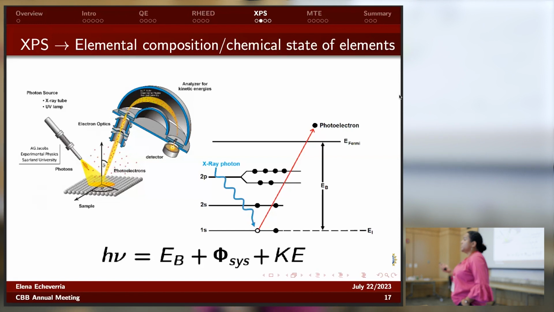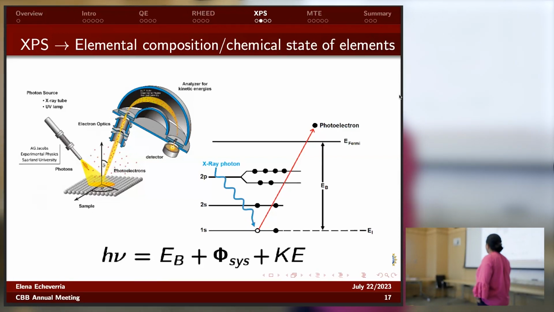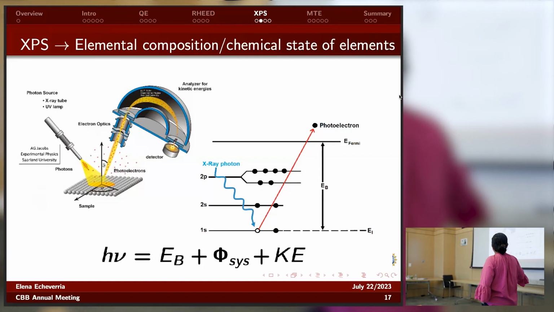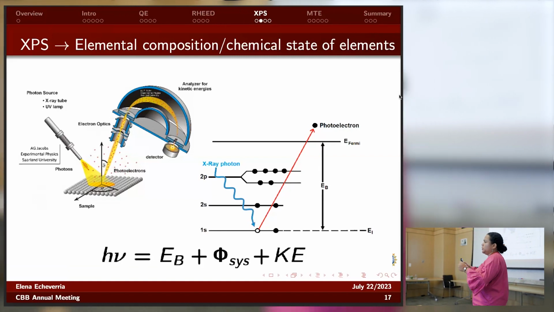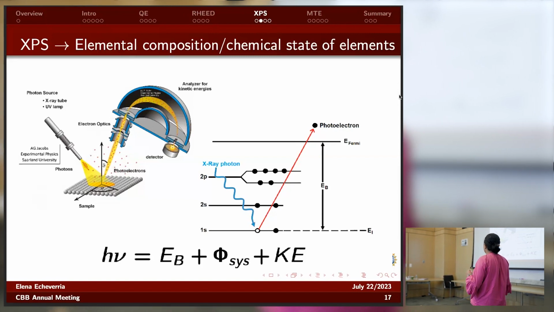Let's think about conservation of energy. If we have the energy of the photon, what will that energy be used for? First, we need to break the bond between the nucleus and the electron, and that's, again, the binding energy. Once this electron is free, it needs to reach the analyzer, and this is what we call the work function of the system.